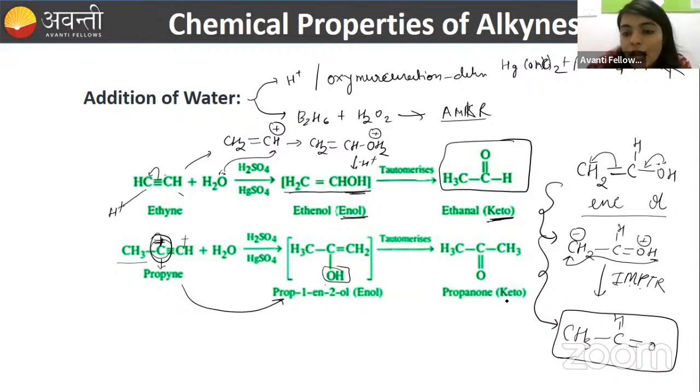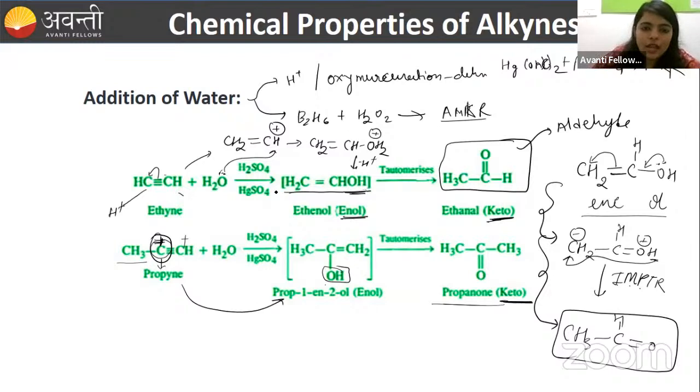So we will get a ketone. Here we get an aldehyde, and here we get a ketone, propanone. I think addition of water is clear, because this is something different from alkenes, which you need to remember.